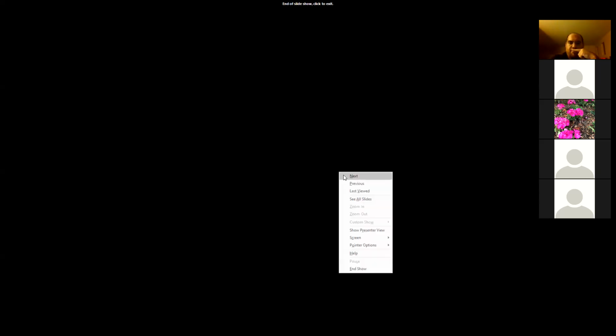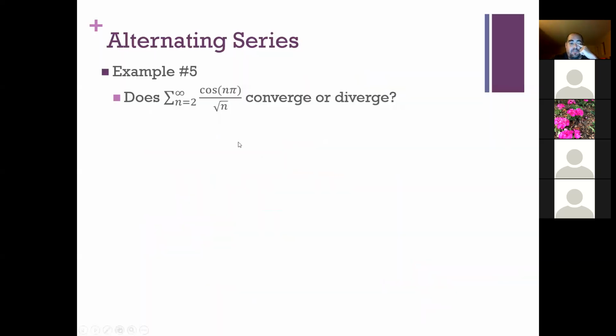I think this is going to be the last one, so let's finish up with this one. I want to know if this series converges or diverges. So how would I go after this one? B sub n would be 1 over square root n?